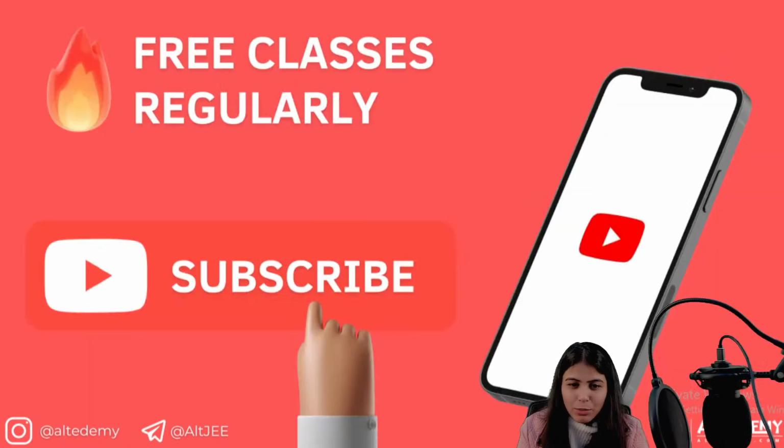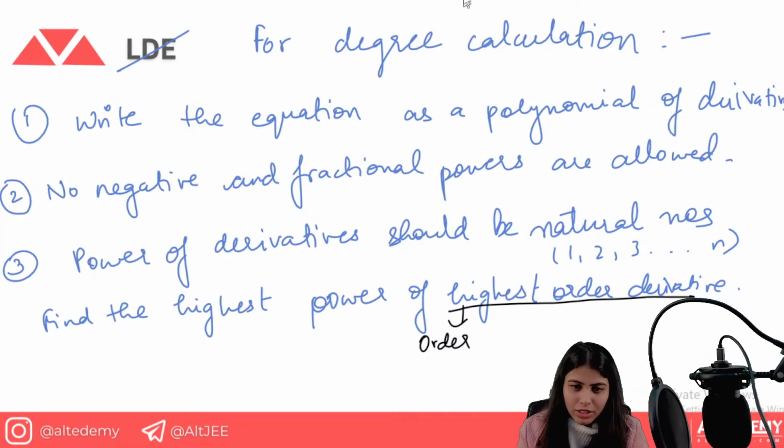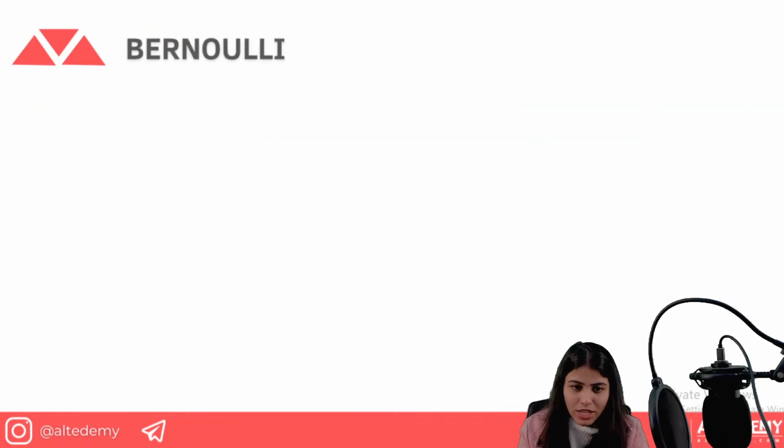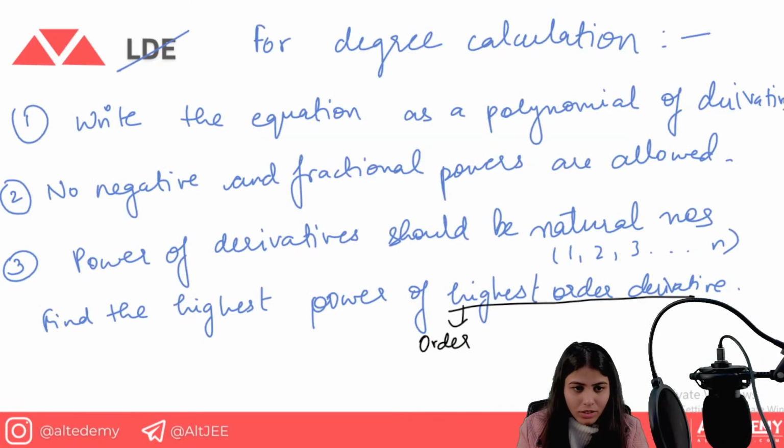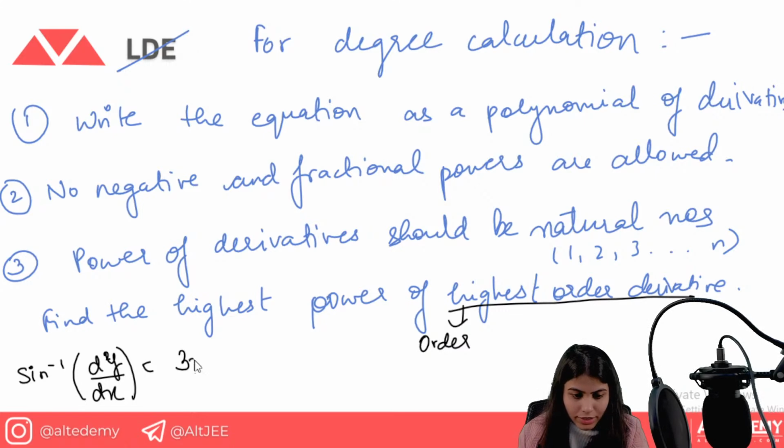Here, I can take one more example. Let me know if I am writing it the right way. For example, we have this equation: sine inverse of dy by dx is equal to 3x minus 2y.